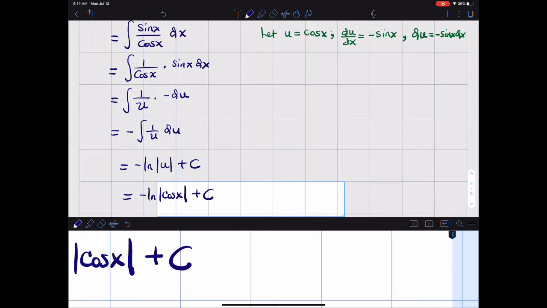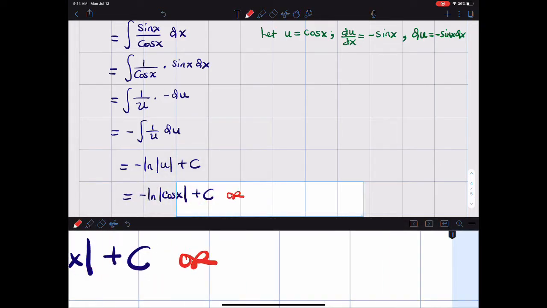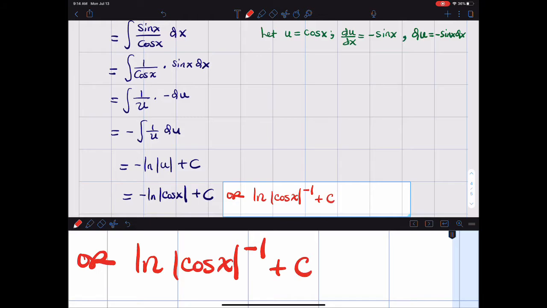This is perfectly okay, but we can write it as natural log of the cosine of x to the power of negative 1, plus c.